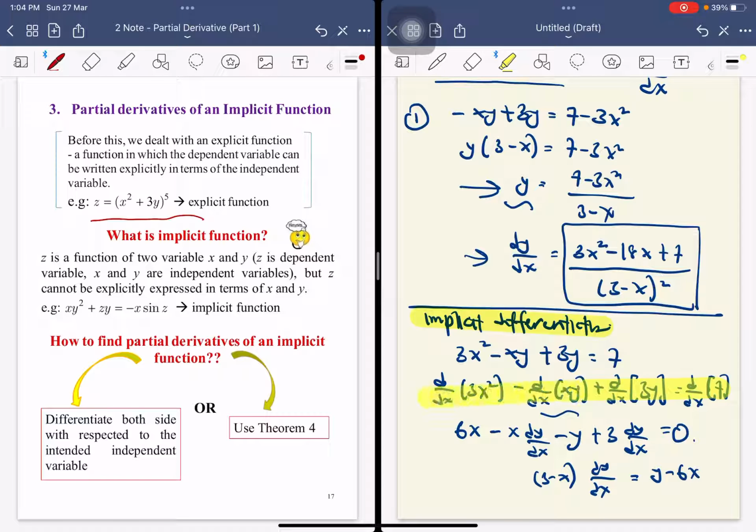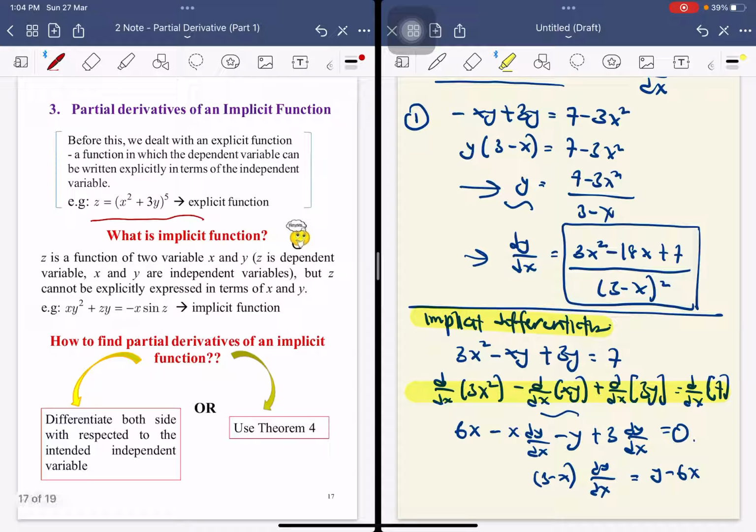Whenever we are dealing with a multi-variable function, you can use the same idea and the same procedure, applying implicit differentiation in order to find the partial derivative.